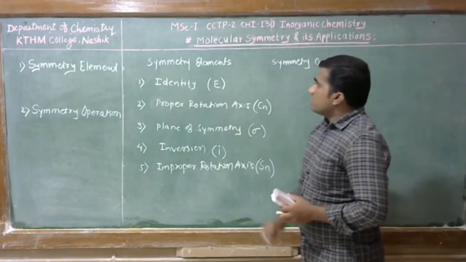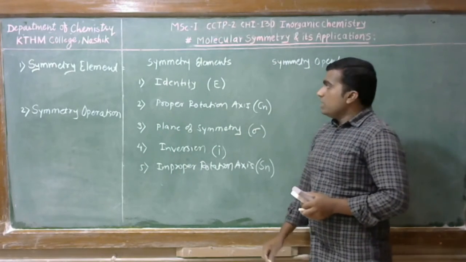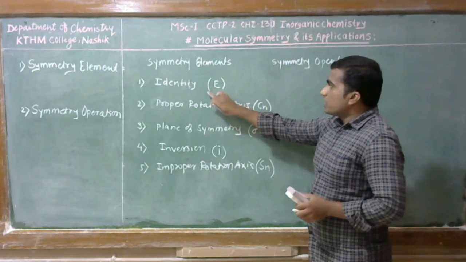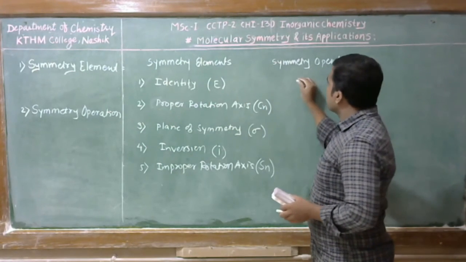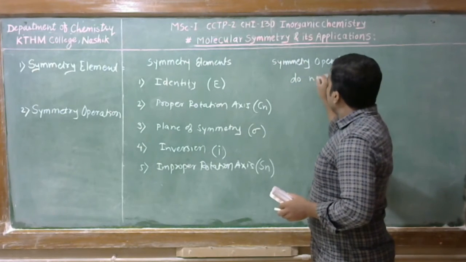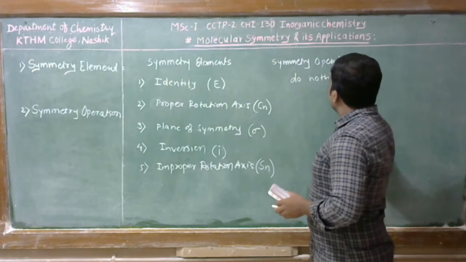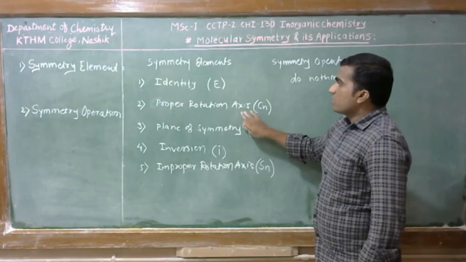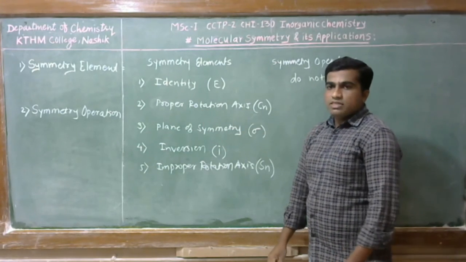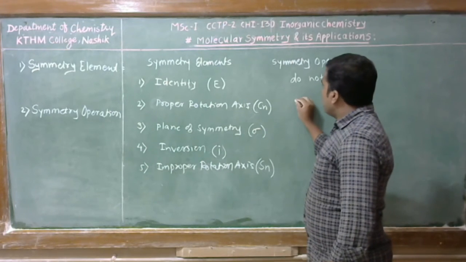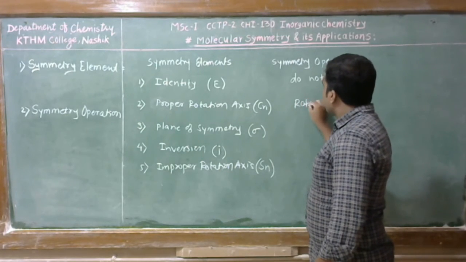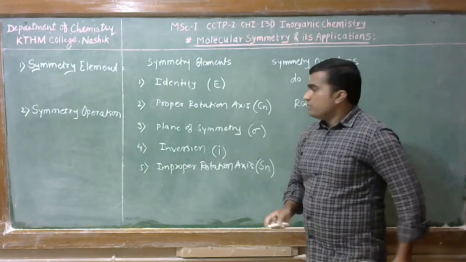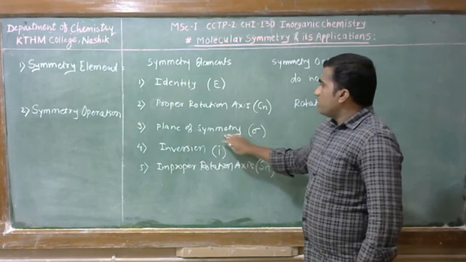So by using these 5 symmetry elements, we can perform a particular operation. So first one, identity, do nothing. Second, proper rotation axis. By using this rotation axis, we can perform a rotation of a molecule. Third, plane of symmetry.